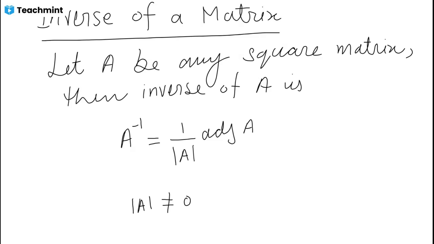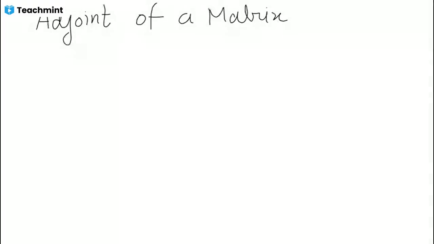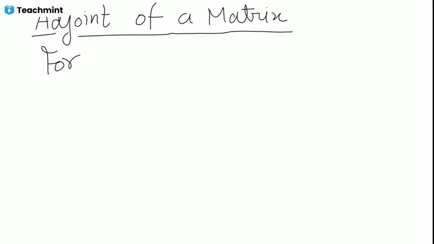Now, as we know how to find the determinant, let us learn how to find the adjoint. First of all, we are doing it for 2 by 2.